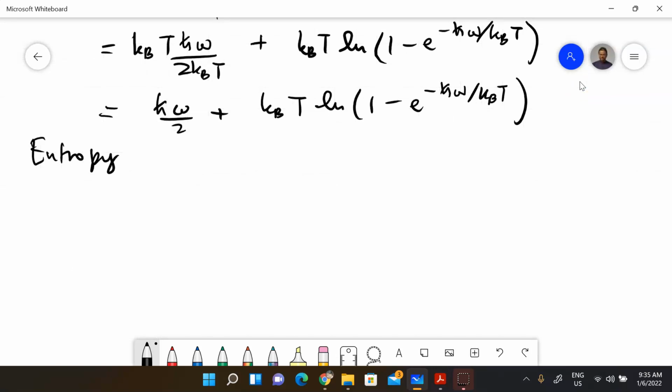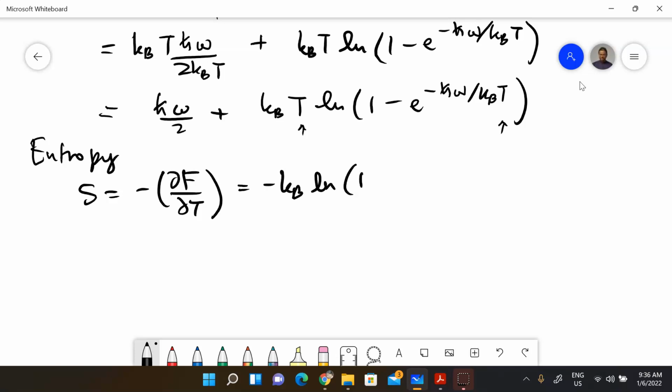Entropy is S equals minus partial F partial T. So the only place where you have T here is here and here. So one can ignore this part. So for the first factor, you get minus kB log of 1 minus e to the minus h bar omega on kBT.